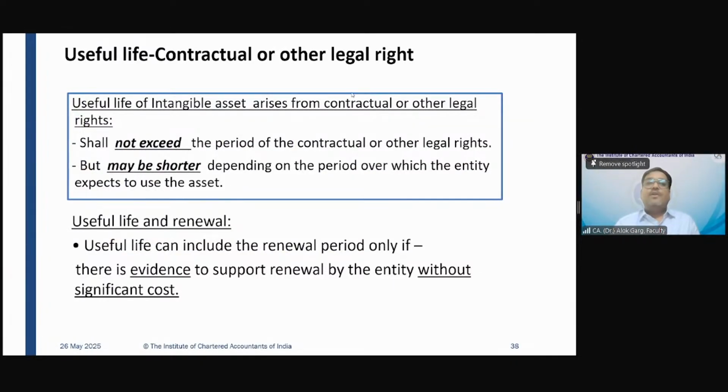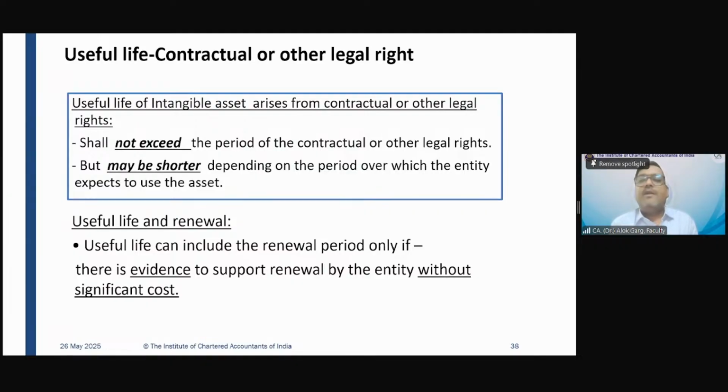Important: useful life. What should be the useful life of an intangible asset? Very important, because it does not have a physical existence. Useful life could be of two types: either finite or indefinite.